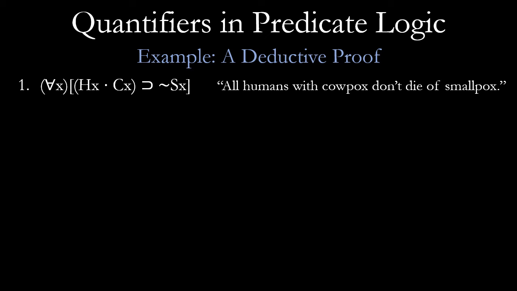So H means is a human, C means has cowpox, and S means dies of smallpox, right? So for all x, if Hx and Cx, then not Sx. Okay, that's this universal quantifier applied to a particular statement.